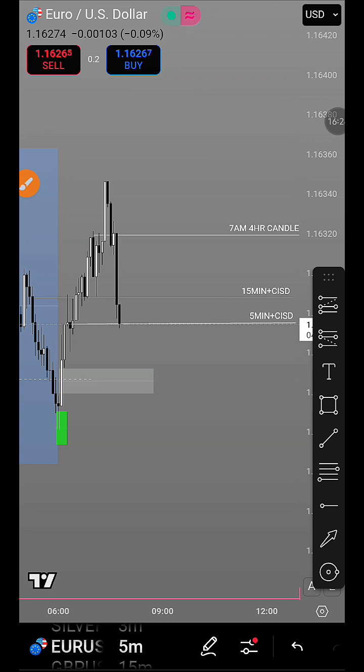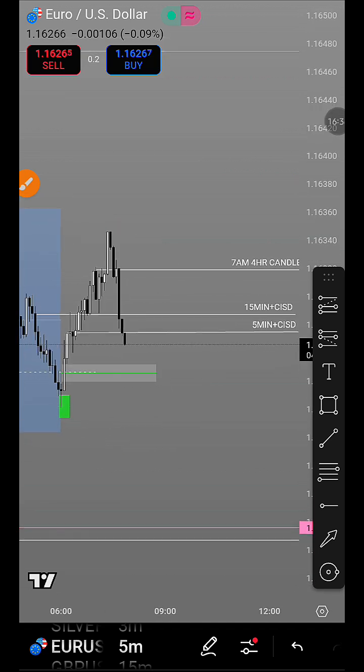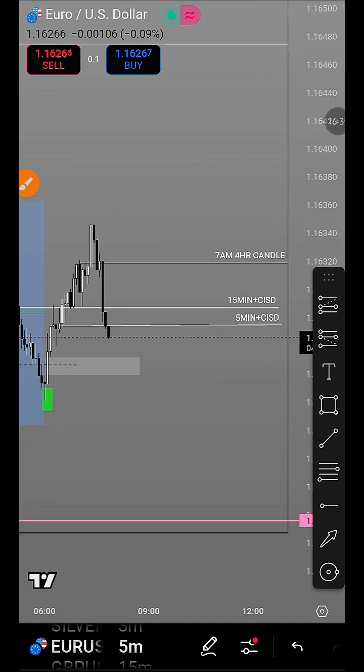So on GU I anticipate that sweep, and on EU I anticipate a lower high. Then I want to see that lower high hold as a strong point, and if it doesn't, then it obviously means that we can totally rule out that we're bullish.